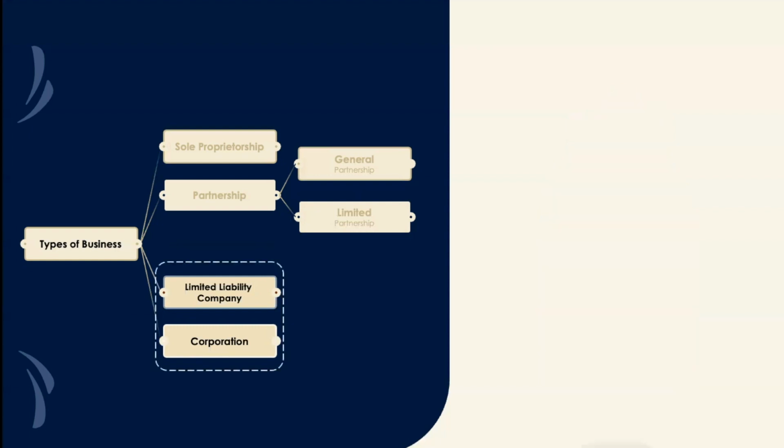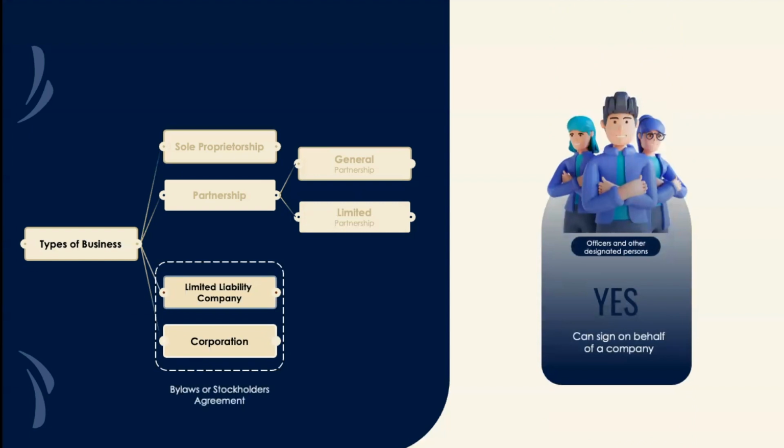In a corporation, the officers of the corporation generally are authorized to bind the corporation as specified in the corporation's bylaws. So you really want to read your bylaws when your corporate attorney gives them to you or when you create your corporation. And in the absence of bylaws, a stockholders agreement also could designate who has the power to sign on behalf of the company.